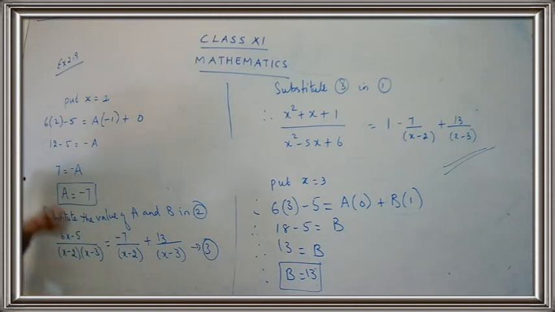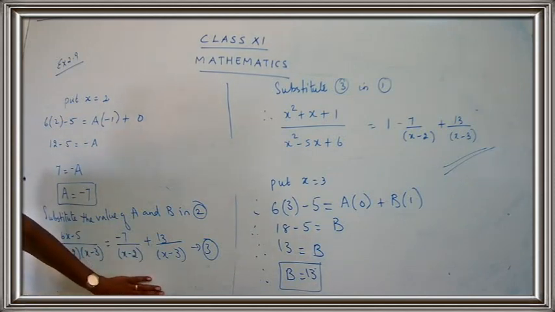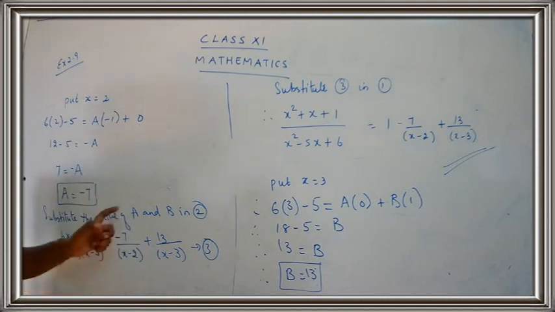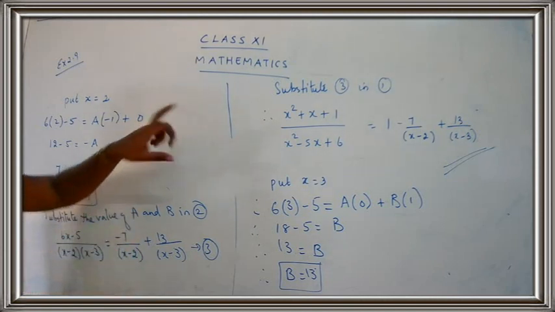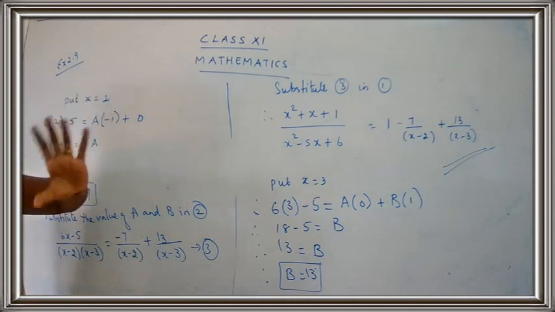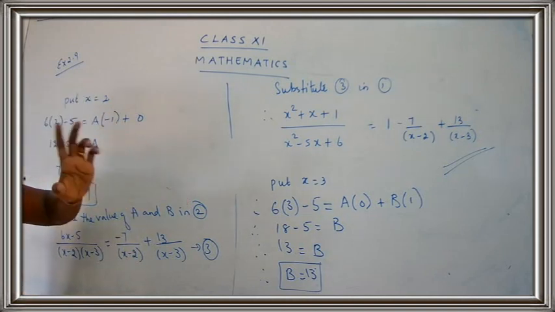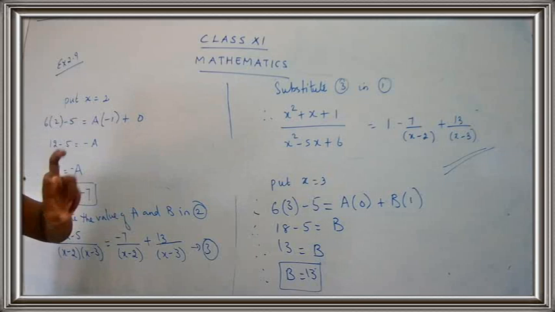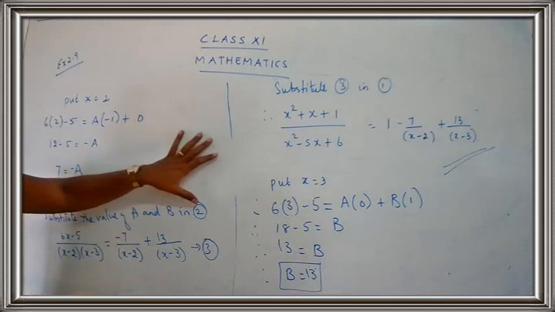In most cases, you will be able to do the factorization. Once you do that, give the unknown values and split it. After splitting up, you will get the values for A and B. With the help of the factors, you can find out the unknown values. After finding them, fill in the details, and at the last you substitute all the answers in the first format, that is quotient plus remainder upon divisor, and that is your answer.